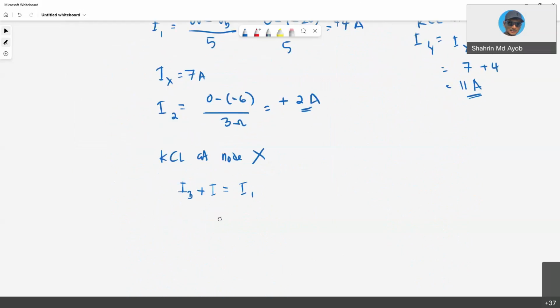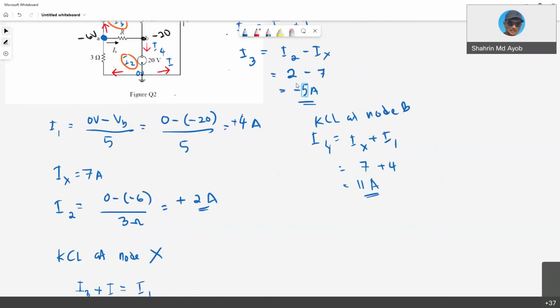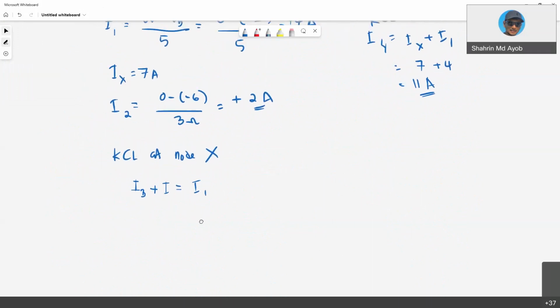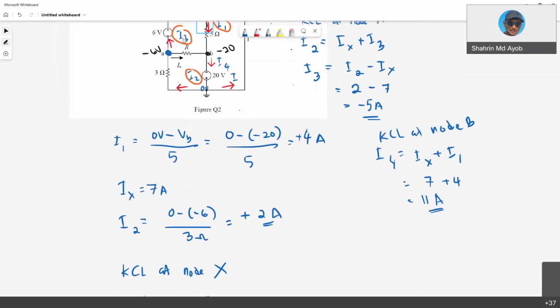Okay, that is where, what you call this one, I3. If you change I3 here to positive, the direction, then your answer for the I will be totally wrong. Okay, so please stick to the assumption that you have already fixed.